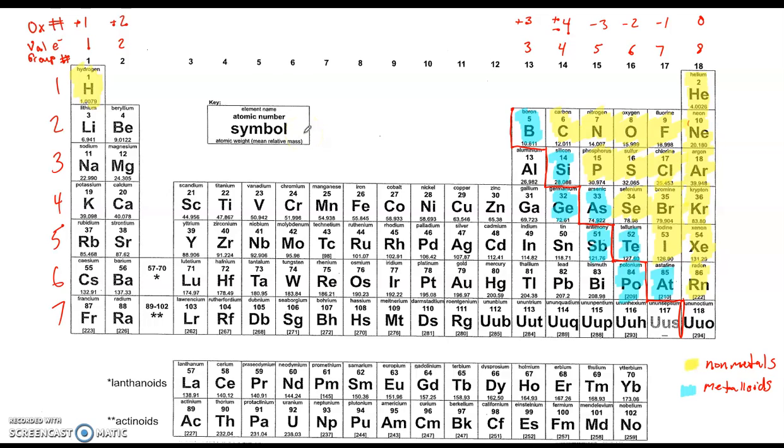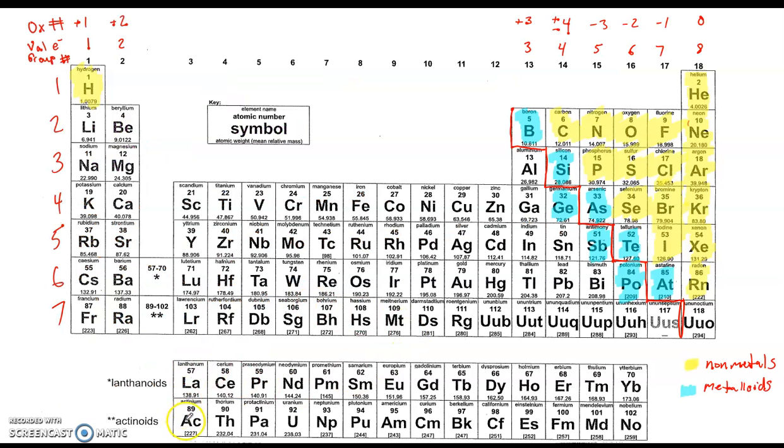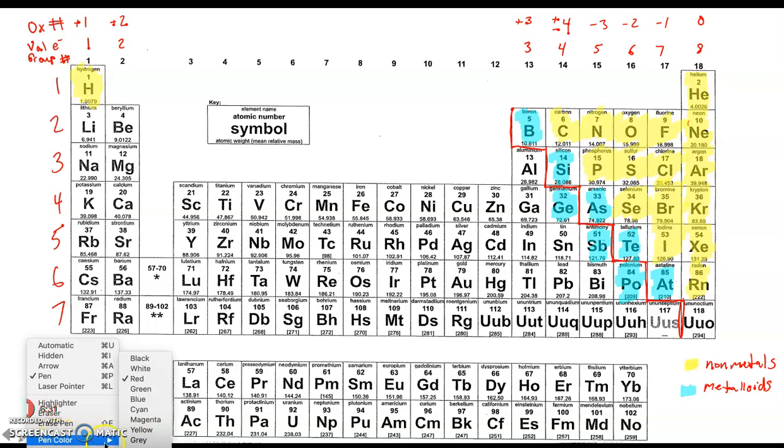So we've got our non-metals, metals, and metalloids. They're done. Let's go solids, liquids, and gases. So the following elements, let's pick a new color here. Let's go dark blue.